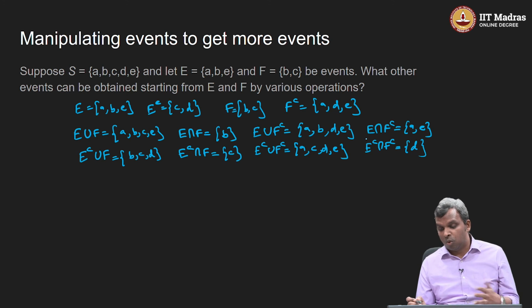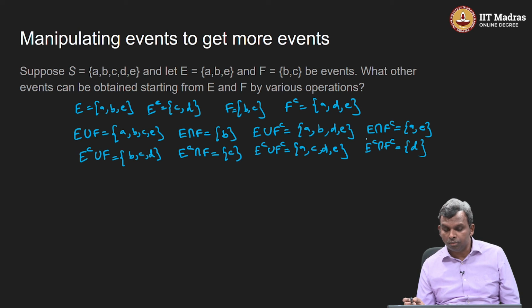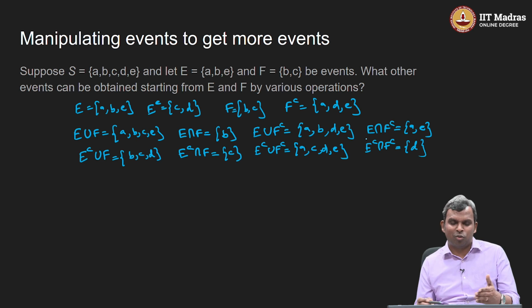Maybe there are more fancy things you can do. I am not able to think of anything else at this point. Of course you can make more unions and make it bigger, but I think these are good examples to start with.